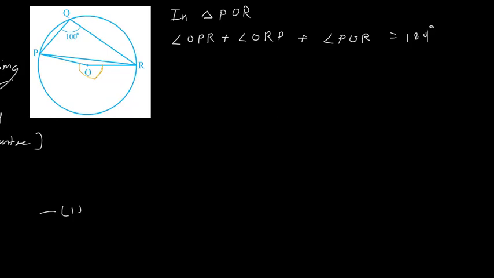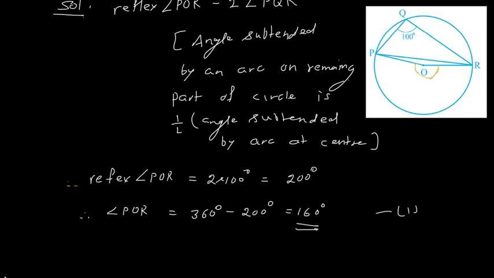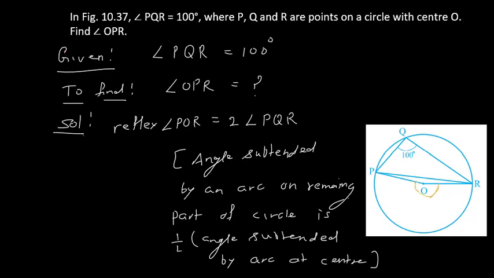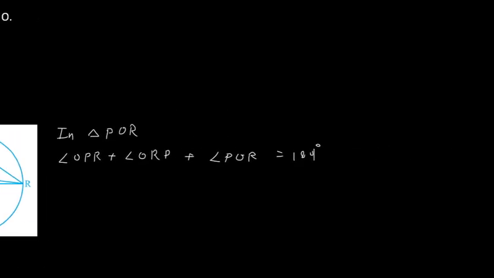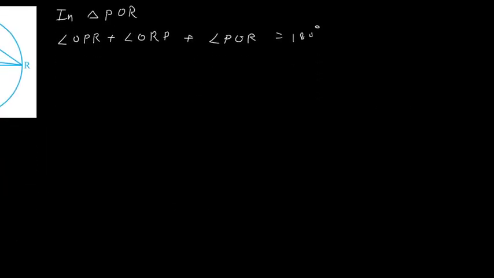Now what I have to find? We have to find OPR. So therefore this angle OPR plus this ORP, I will write angle OPR only, and this 160 degree is equal to 180 degree.